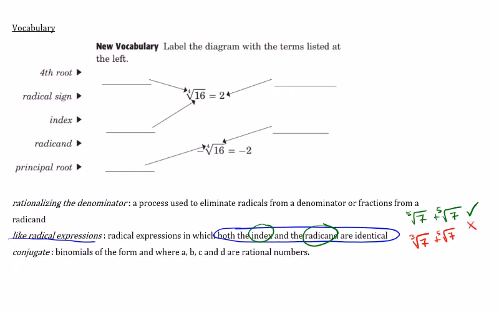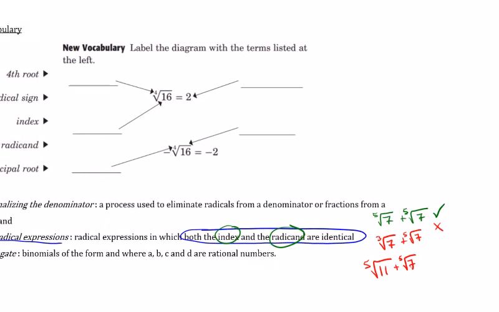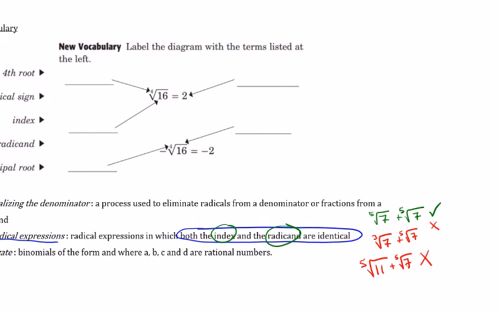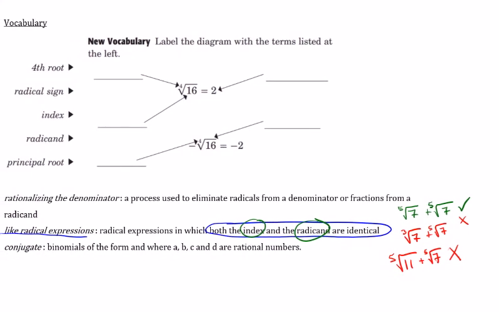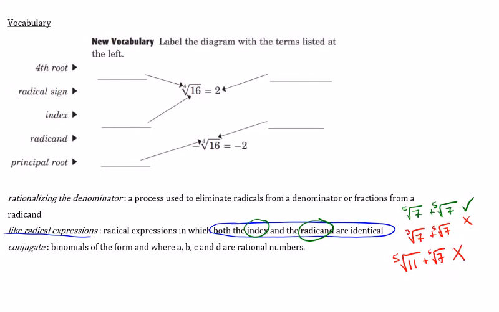And what else doesn't work is the 5th root of, let's say, 11 plus the 5th root of 7. That does not work. All right, so anyway, they have to have the same index and the same radicand at the same time.